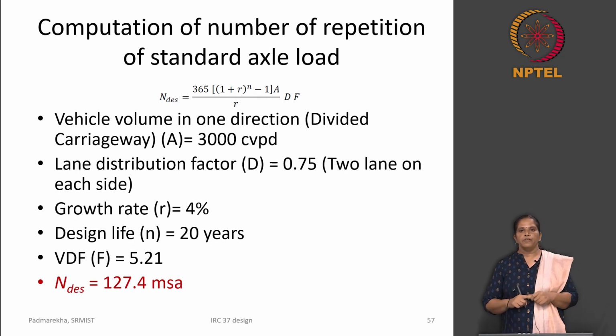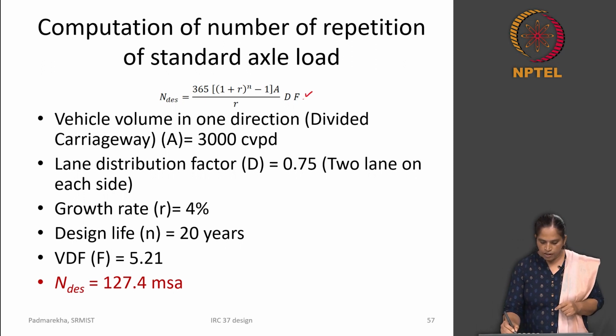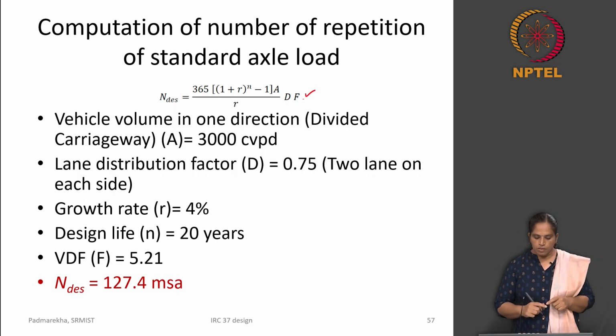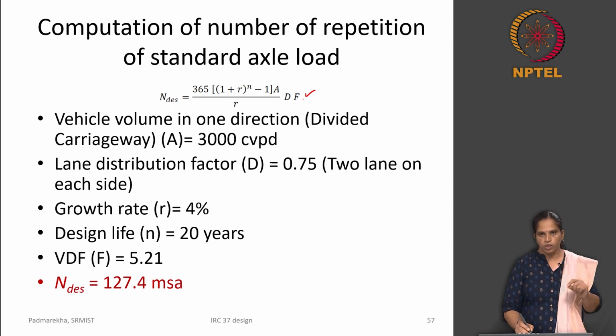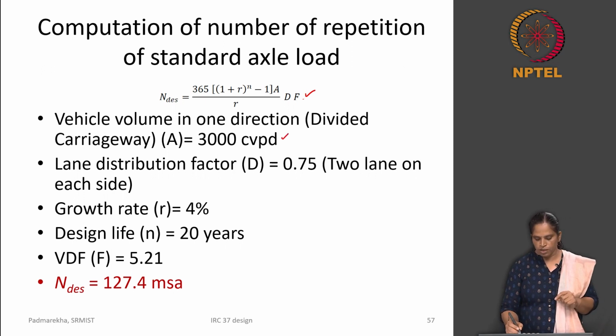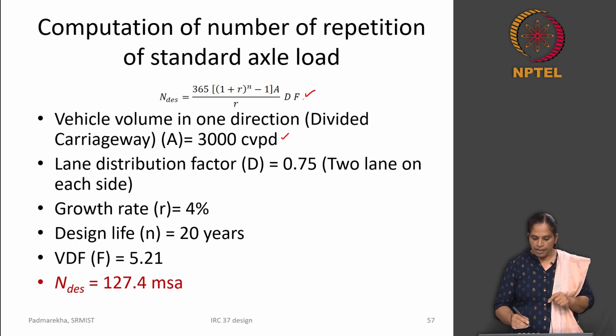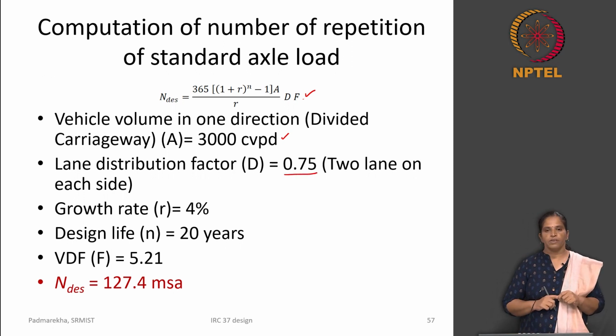So first we will compute the number of repetitions of a standard axle load. So we know this N design equation here. Here A value is 6,000 divided by 2, which is nothing but 3,000 commercial vehicles per day, and lane distribution factor for a 4-lane divided highway, 2 lanes on each side, will be 0.75.